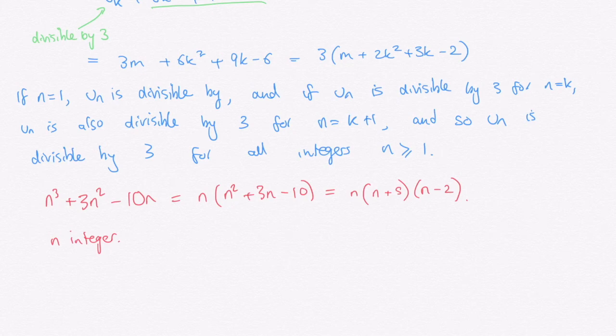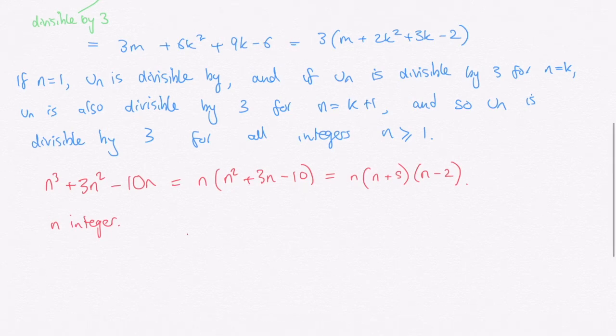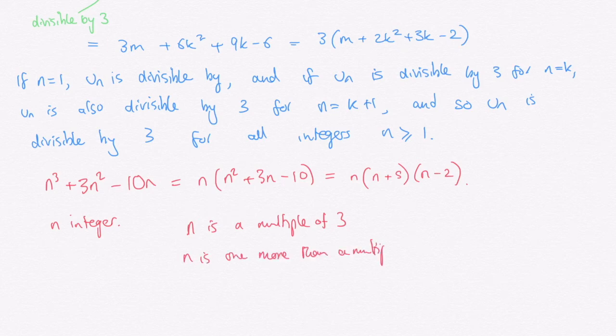Well, there are 3 cases to consider. Either n is a multiple of 3, or it is 1 more than a multiple of 3, or it is 2 more than a multiple of 3. Because if it's 3 more than a multiple of 3, it's a multiple of 3. And all integers are either multiples of 3, 1 more than a multiple of 3, or 2 more than a multiple of 3.